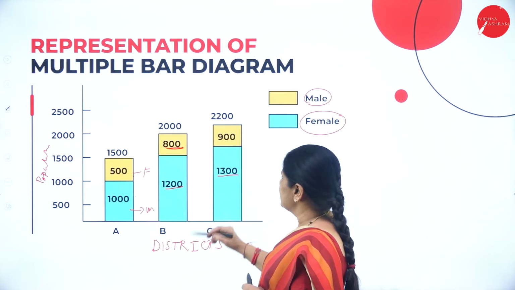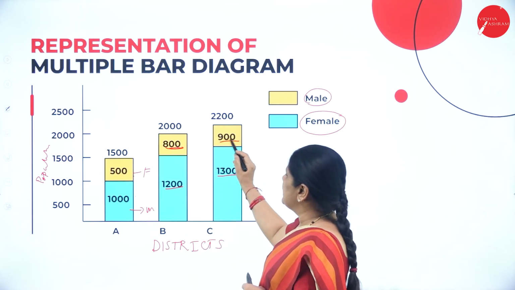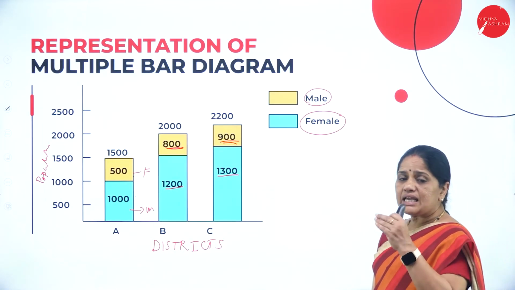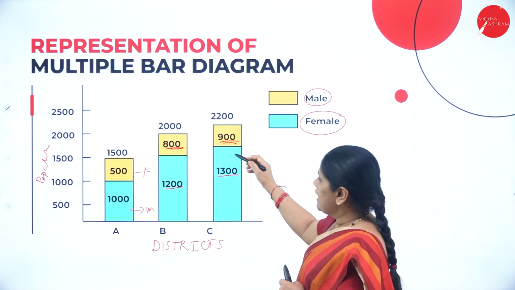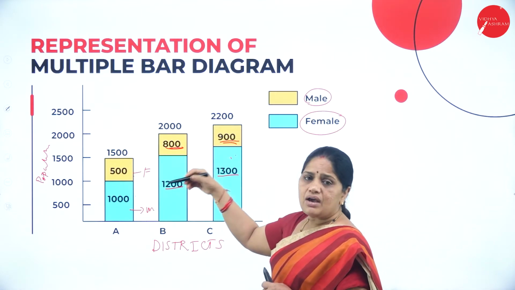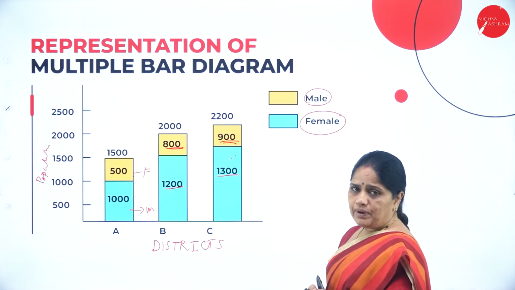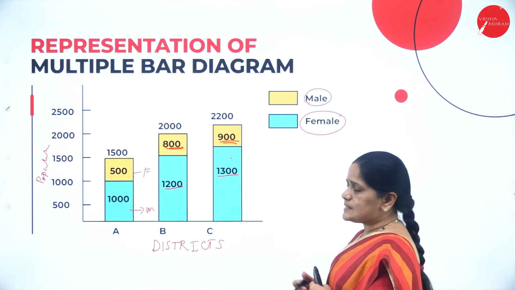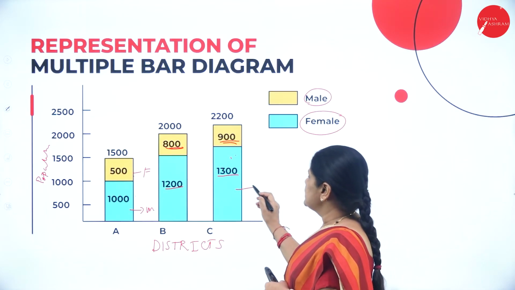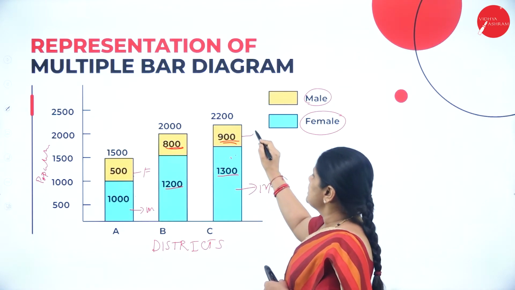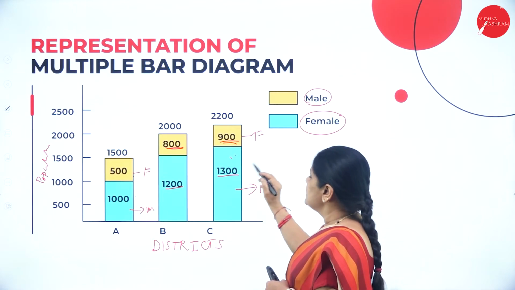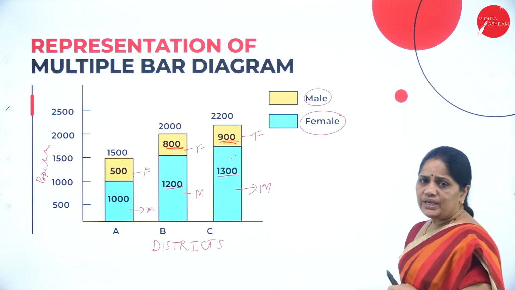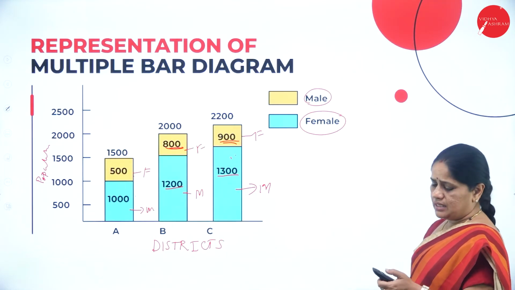Then in district C, we have 1300 males and 900 females. So, with the help of a single bar itself, by just having a different color for the bars, we can represent the total population and also the breakup of the total population on the basis of gender. So, this 1300 represents the male population and this represents the female population. So, this is how we represent the subdivided bar diagram.